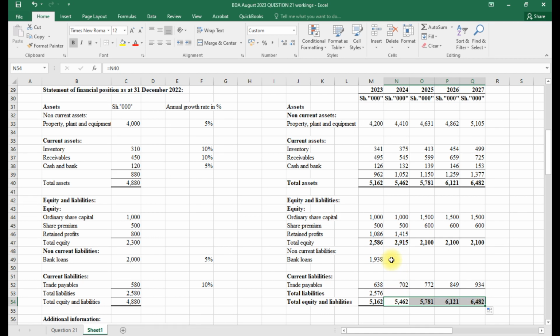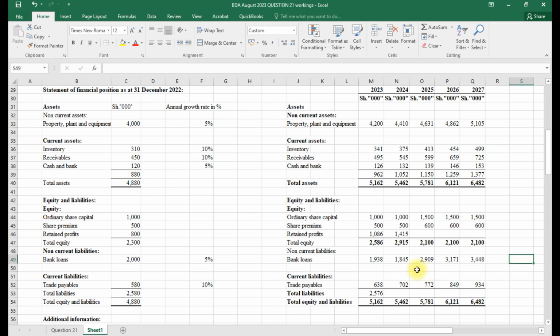So to get this, I believe again when I autofill these, it's not the correct value. Let me just confirm this. The others we shall change because we don't have values here, but for this one it's supposed to be, let me just confirm this, we minus this and we minus this, we'll get 1845, which is okay.